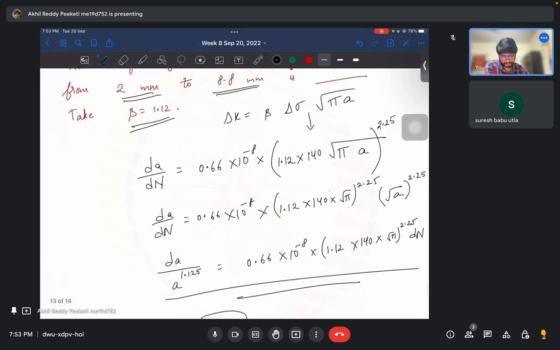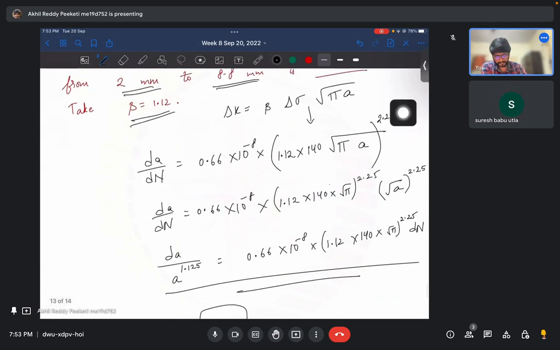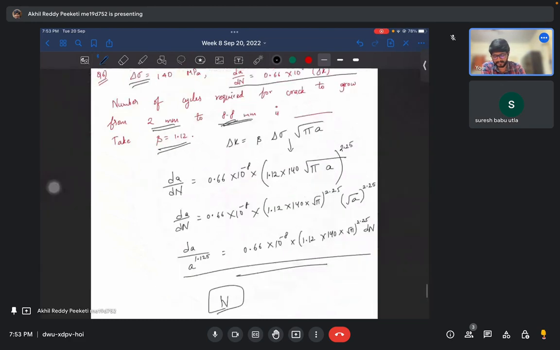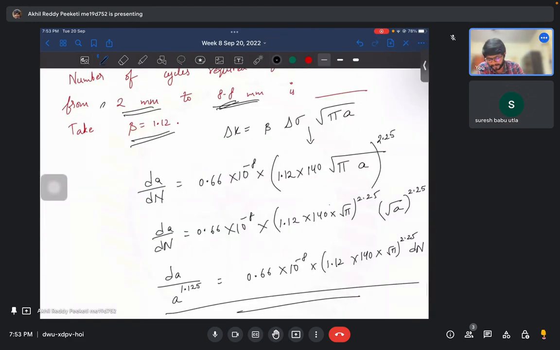Yeah. So this is exactly the same as the last question, but here we are already given the initial crack length and the final crack length.